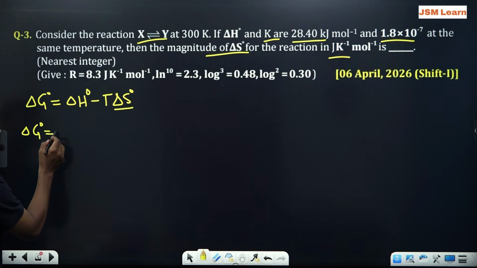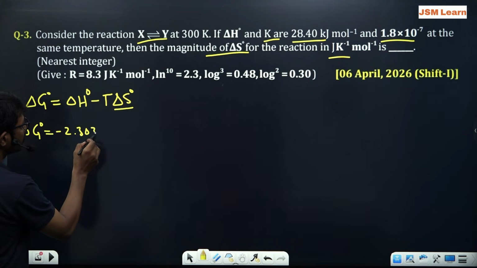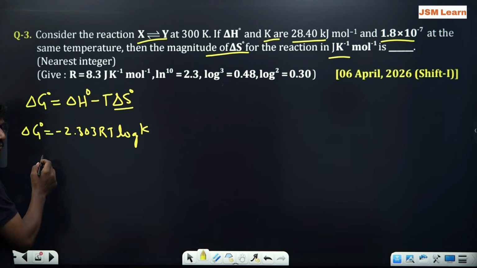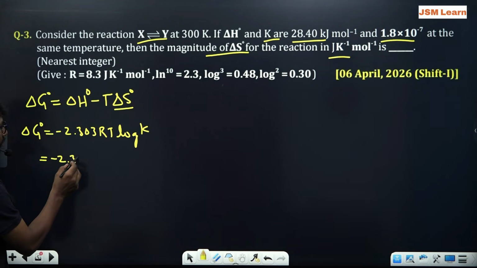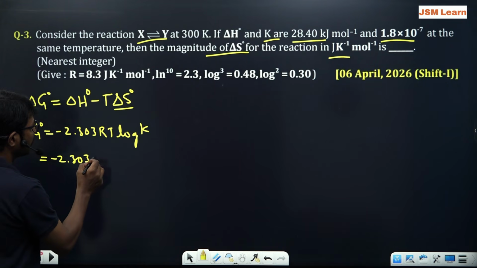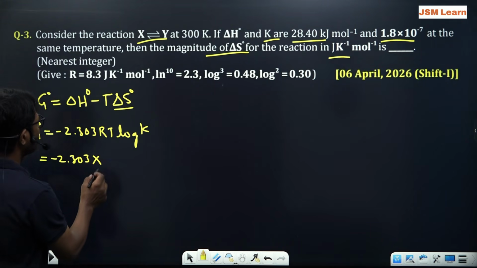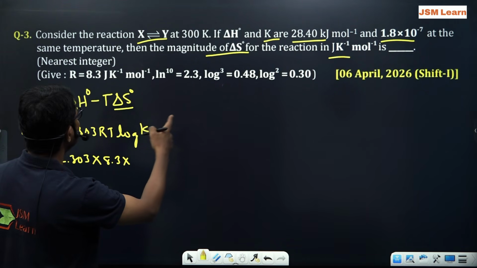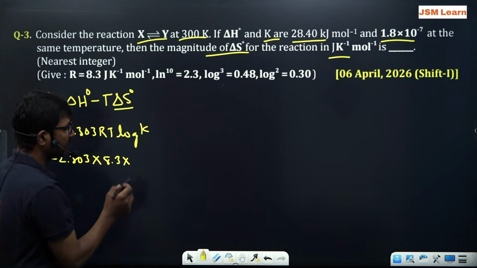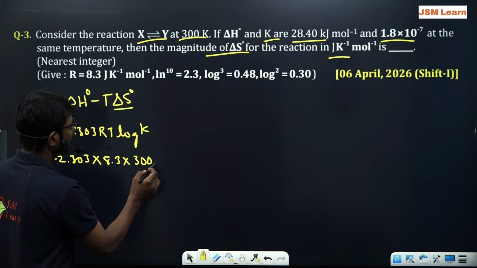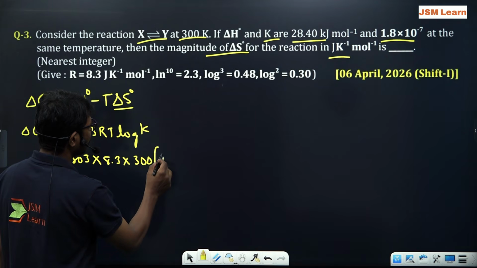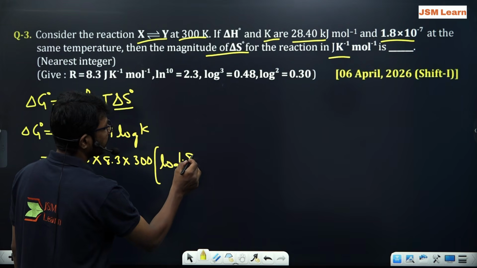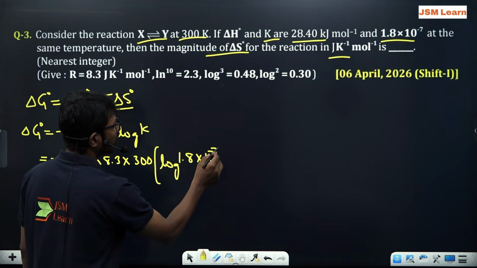Delta G naught is equal to minus 2.303 RT log K. Substituting all the values, 2.303 multiplied by the R value, which they have provided as 8.3, multiplied by the temperature, 300 Kelvin, so 300, log of K. The K value they have provided as 1.8 multiplied by 10 to the power of minus 7.